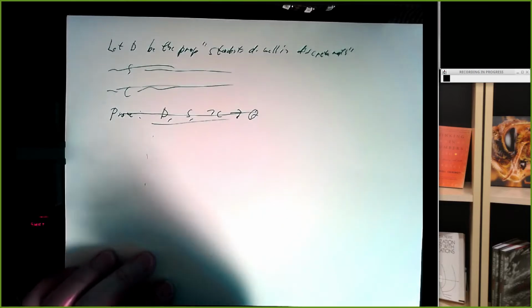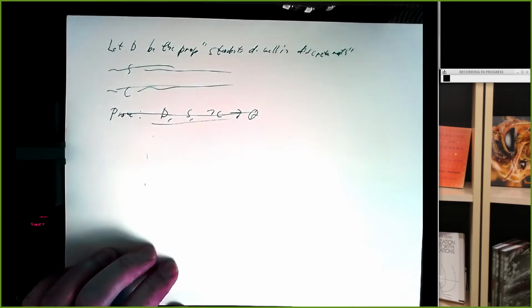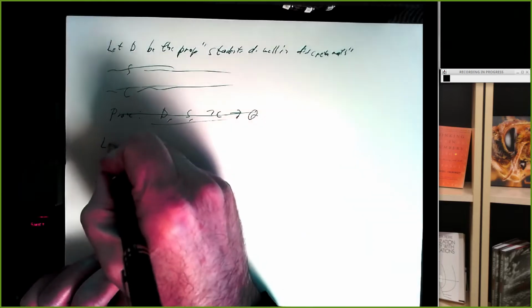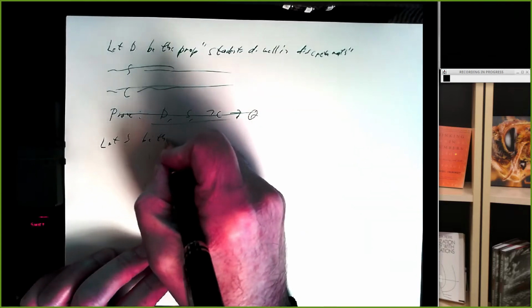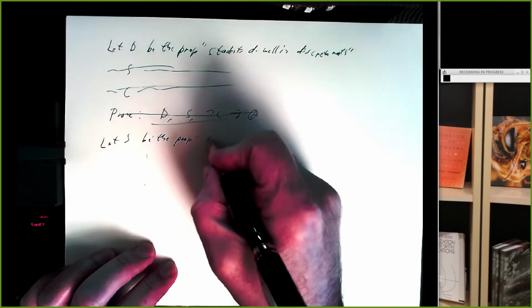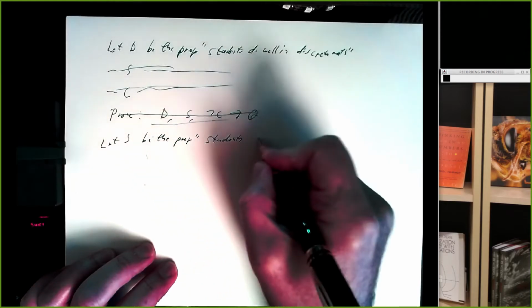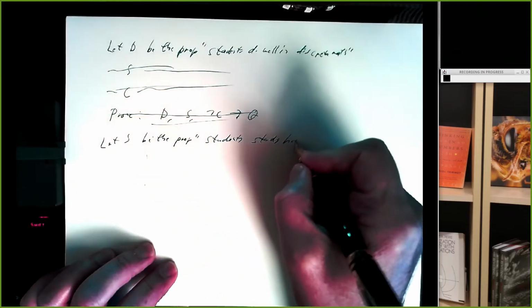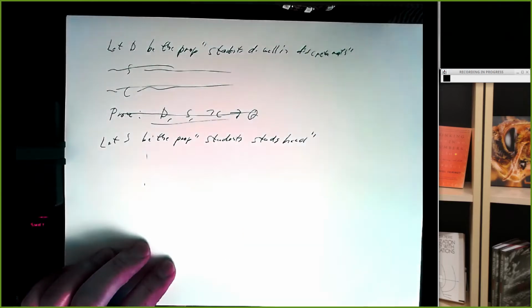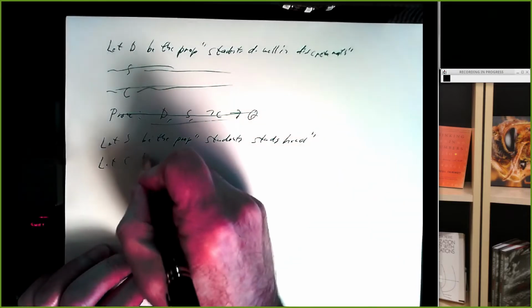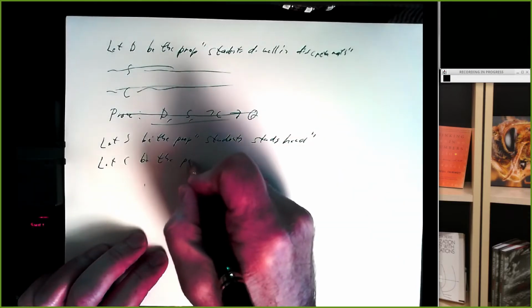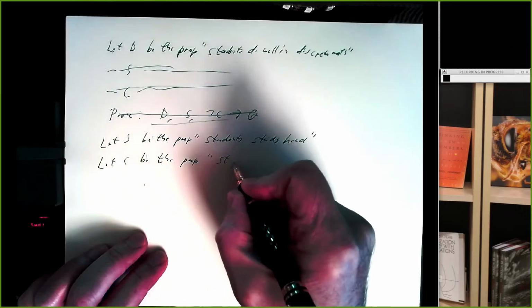So let's write this one out, right? D is the proposition students do well in a discrete math course. Let's let S be the proposition students study hard. And I'll let C be the proposition students don't skip classes.